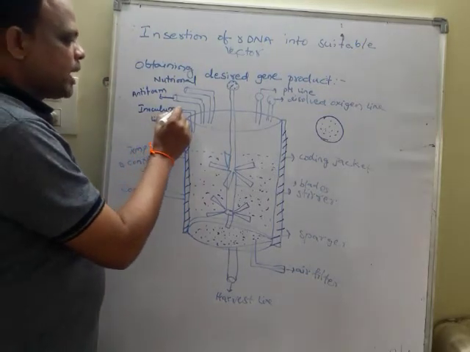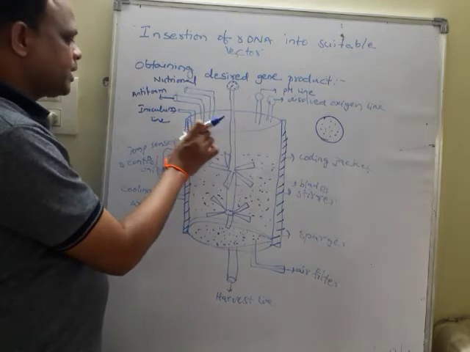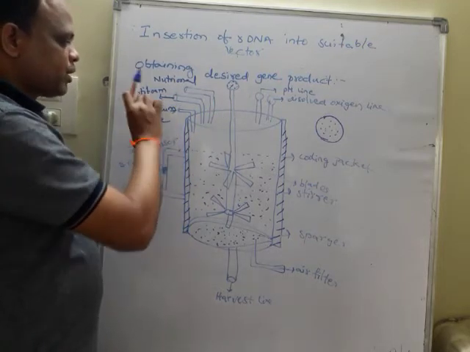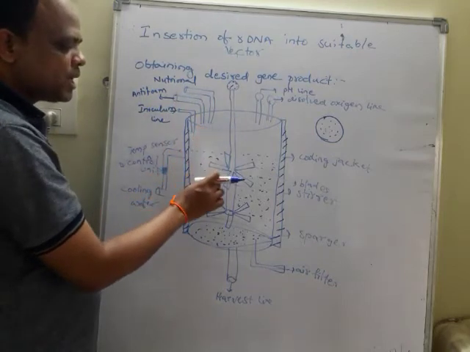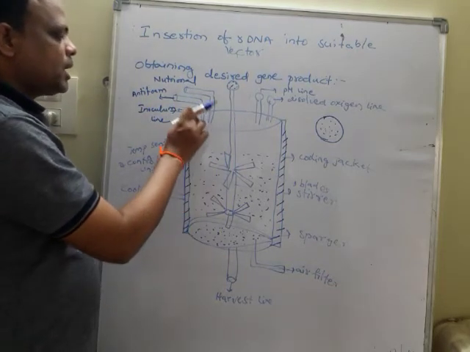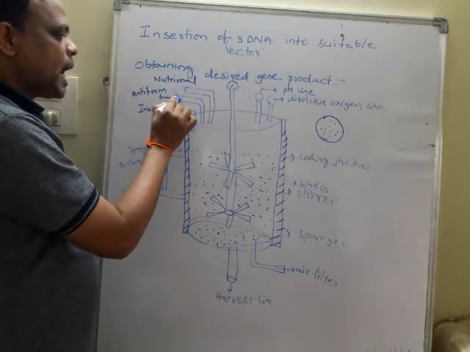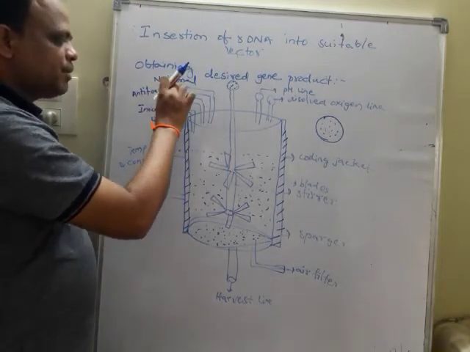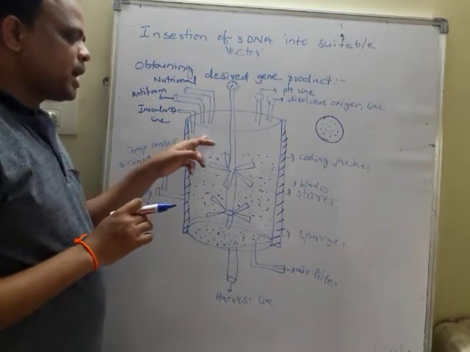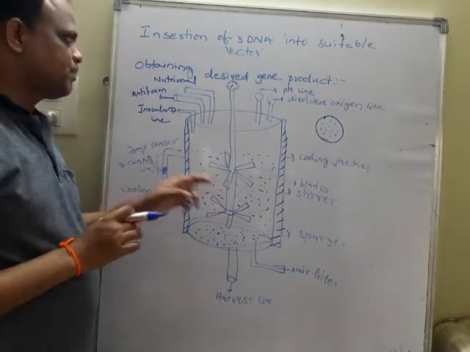One line is present on the top of the bioreactor, the inoculum line. With the help of this line, we add inoculum inside the bioreactor.